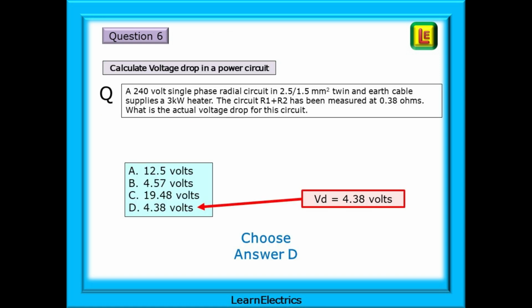And now we can choose an answer. The correct answer is D, 4.38 volts. This last question intentionally included several interim steps to show you that there will always be a way to find the answer, and the question will always give enough information for you to use.